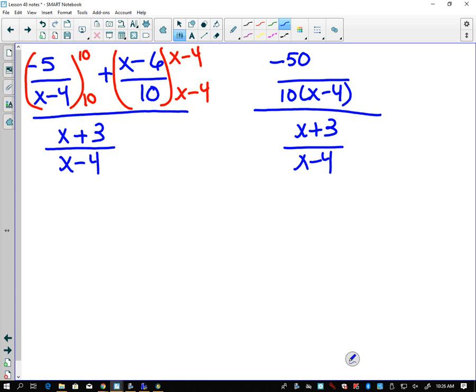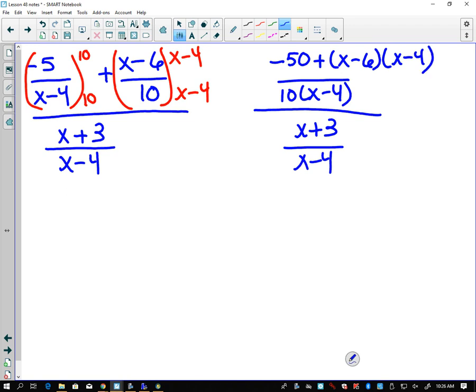So x times x is x squared. In fact, what I'm going to do is leave this as plus x minus 6, x minus 4. I'm just going to leave it like that.